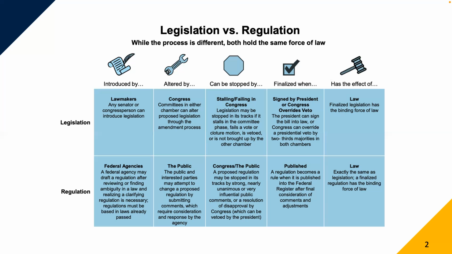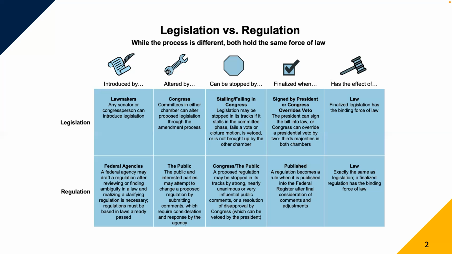And that final rule has the same force of law that any law passed by Congress does. Congress can overwrite regulatory requirements through the legislative rulemaking process, but that's not too common.